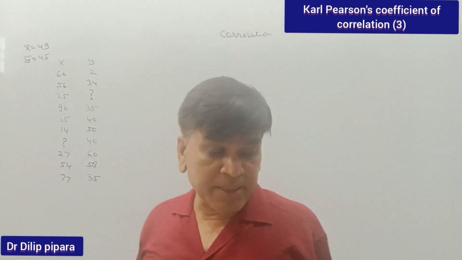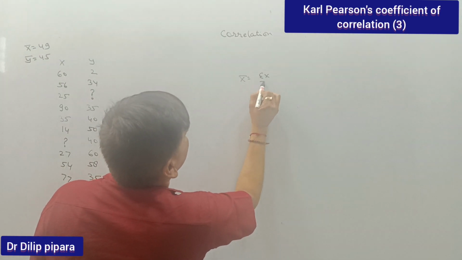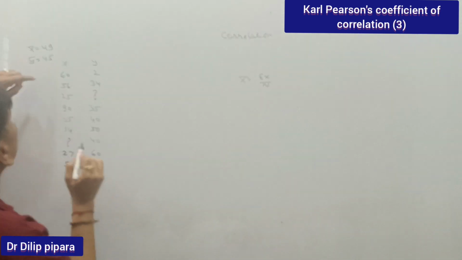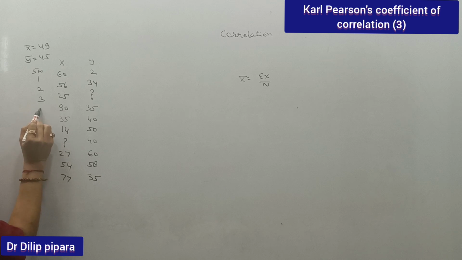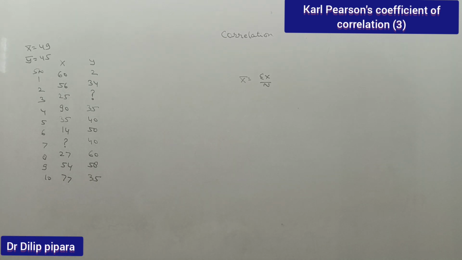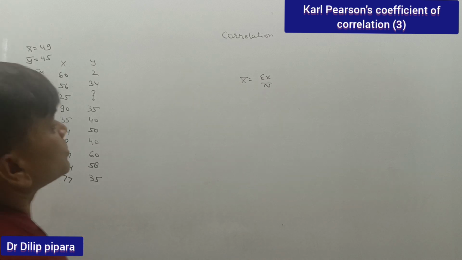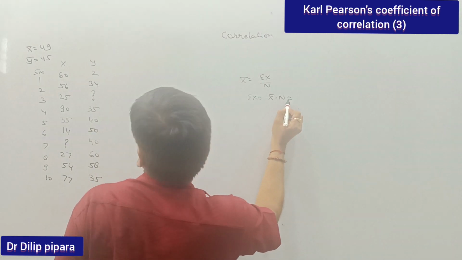So first, as we know, X bar is equal to sigma X divided by n. Counting the serial numbers 1, 2, 3, 4, 5, 6, 7, 8, 9, it means the total number of values is 10. So sigma X is equal to X bar multiplied by n.